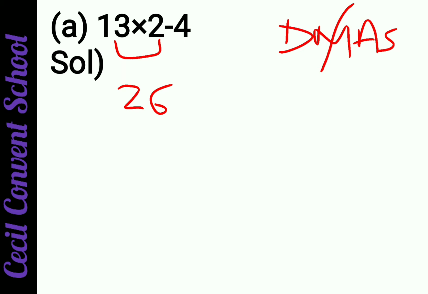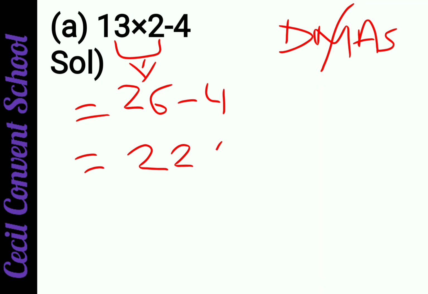Clear? And I have solved 13 into 2. After solving it, minus 4 is left. We will write minus 4 after it. Means in place of 13 into 2, we write 26 first, and its answer will come down. Clear? Then from the answer you have to subtract 4. Now see, is addition present? No. Is subtraction present at the end? Yes. So we will subtract: 26 minus 4 is 22.